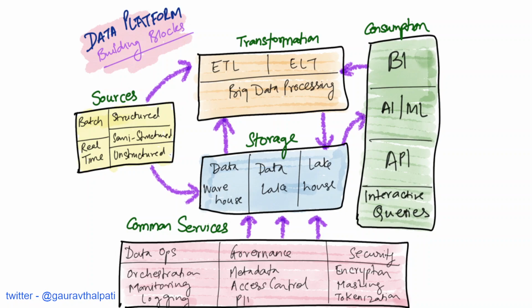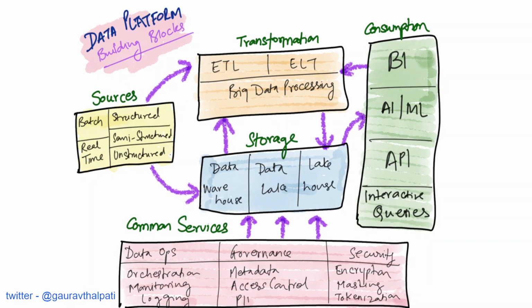So consumption has these various different things like BI, AI, ML. How you want to access the data? Do you want to use some APIs to access data from these systems, or is it just interactive queries that you want to run on top of your storage system? Based on what kind of workload and use cases you have, again, you will have to select the tools and the platforms for these.